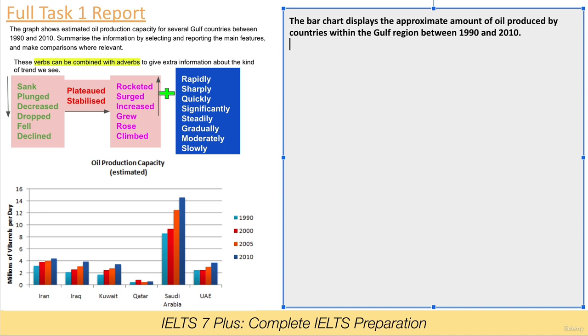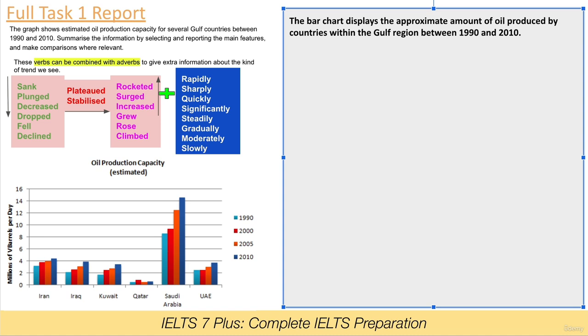Okay, let's read this back. The bar chart displays the approximate amount of oil produced by countries within the Gulf region between 1990 and 2010. Okay, so that is our opening paragraph. We've paraphrased the task here.